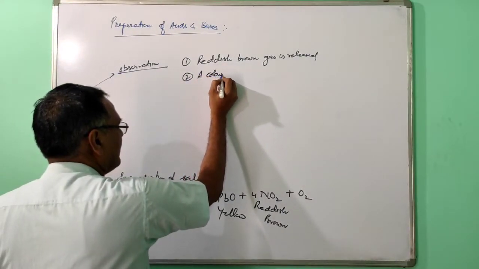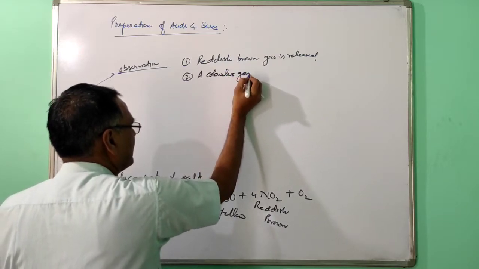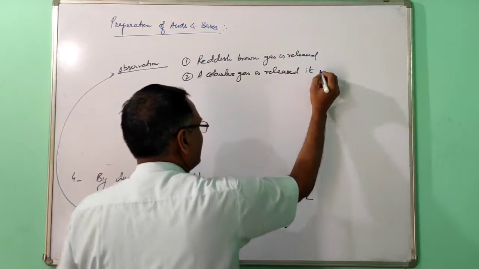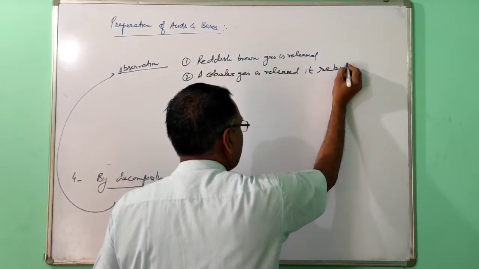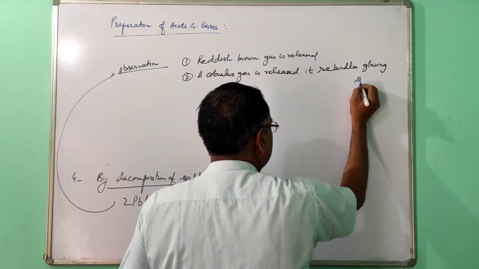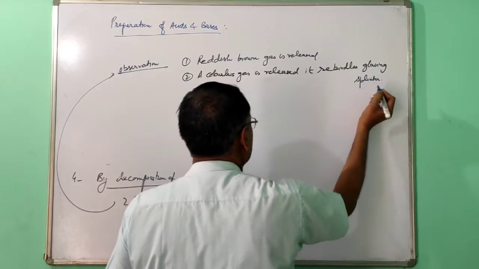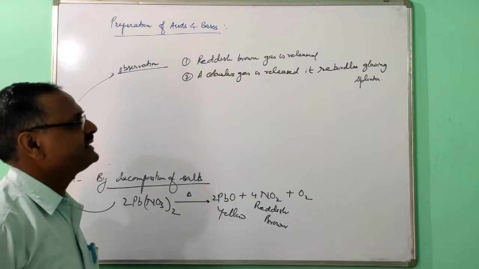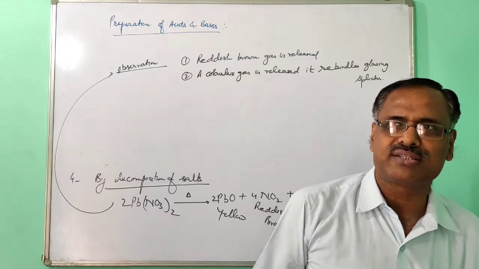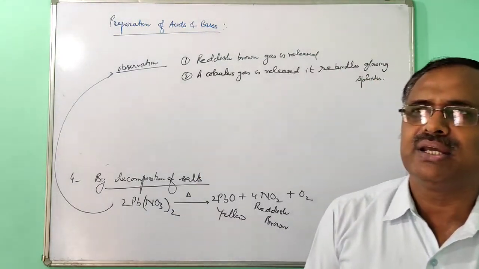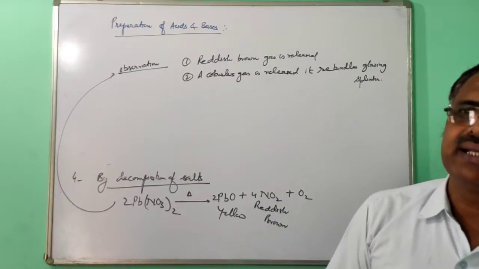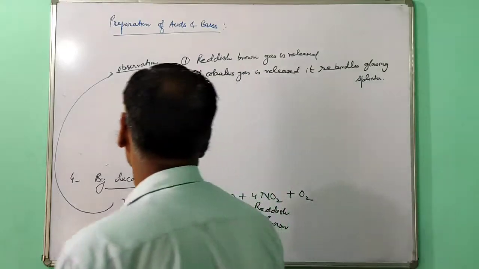Rekindles a glowing splinter means you take a matchstick and burn it, then extinguish it. Only one particle of fire is there. If you take it to the jar of oxygen gas, then it starts burning. That is called rekindling a glowing splinter.